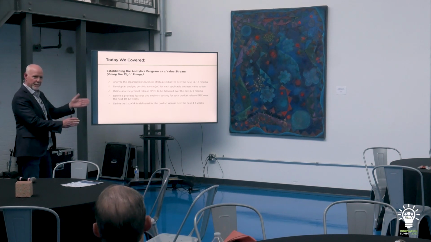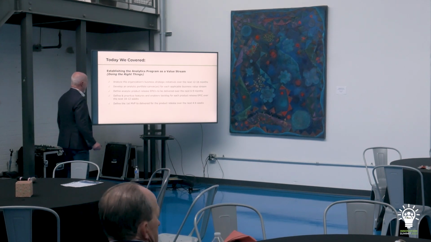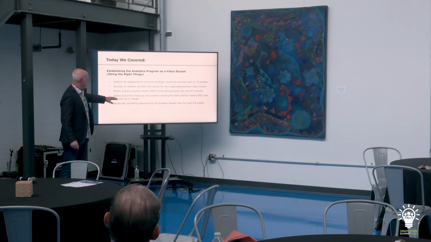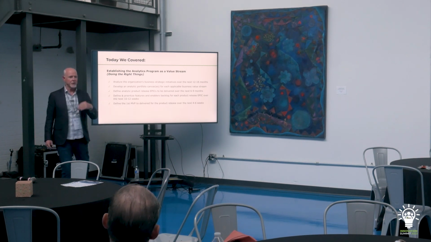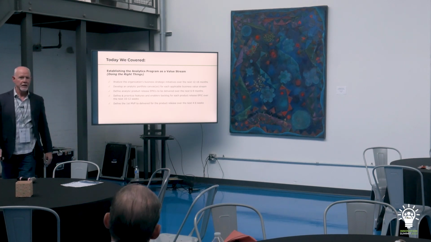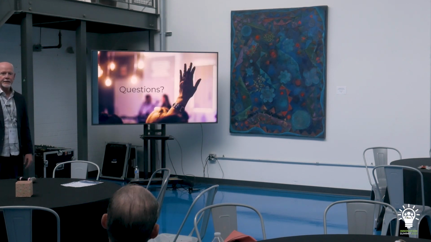So that I get this kind of monthly cadence happening before the quarterly cadence review. And then prioritizing those features and whatnot that I'm going to deliver over the next 10 to 12 weeks. And within there, what's the first MVP I'm going to deliver for the product release? Right. That's all I got to say about that.